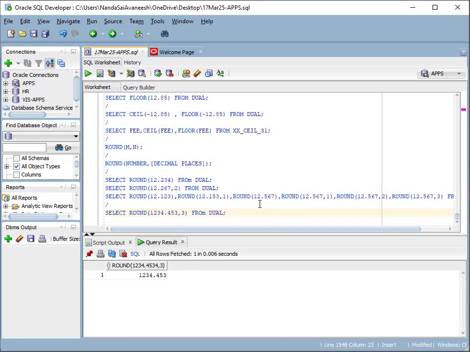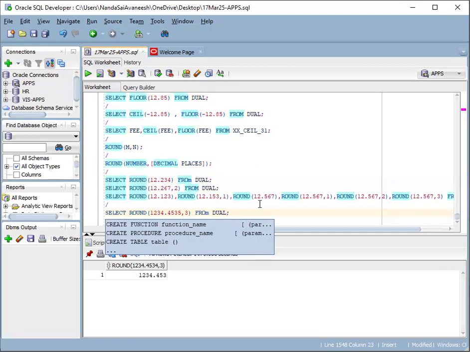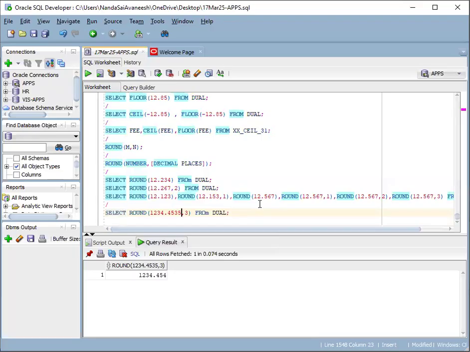Suppose this is 5, then it changes to 454 here. So when it is 5, round verifies and adds 1 to the previous digit here. If it is not 5, then it takes the same value.